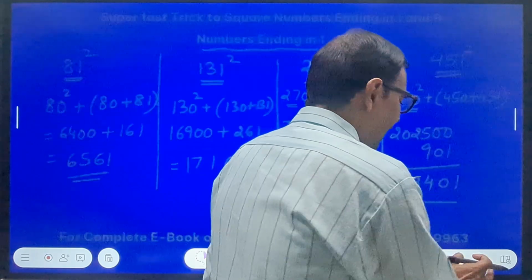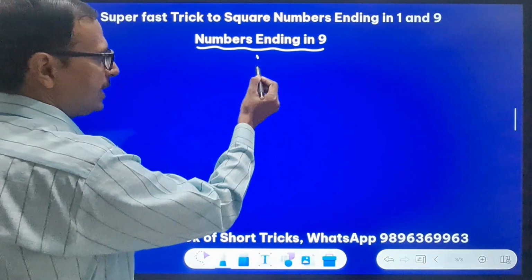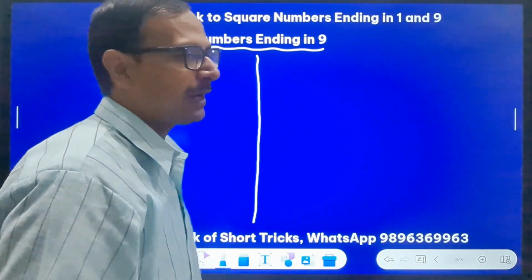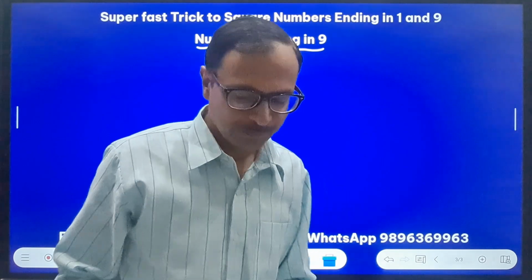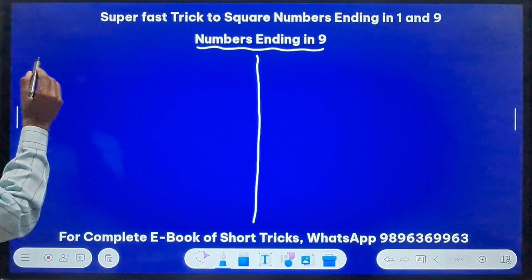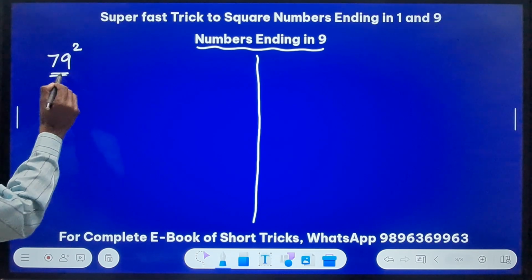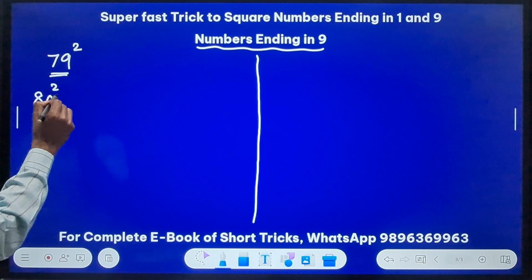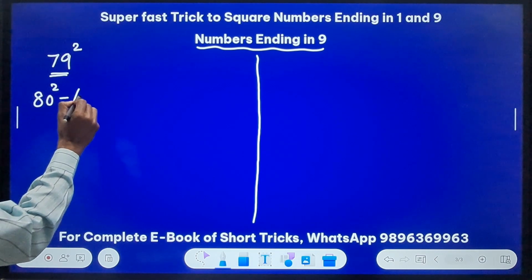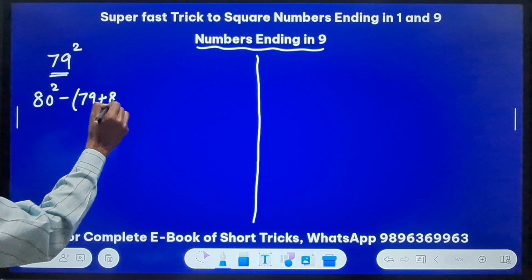Okay, now let's take some examples of numbers ending in 9. So I'll take 4 examples and I'll show you how the trick works so wonderfully well for numbers ending in 9 also. The first example is that of 79 square. So very close to 80. So I have to do 80 square and subtract the sum of this number 79 and the next number 80.